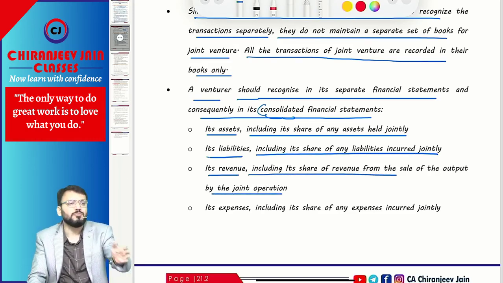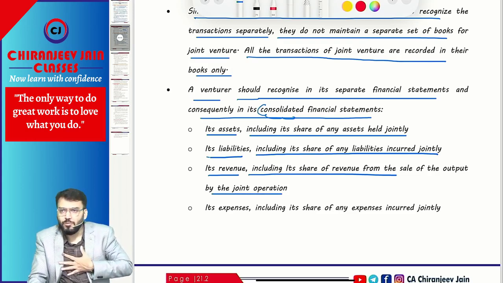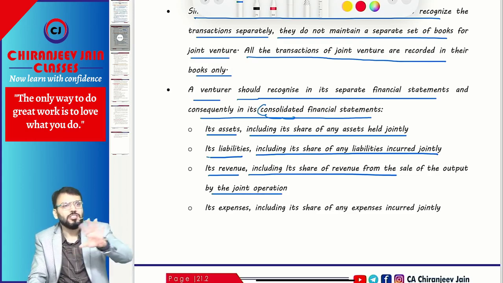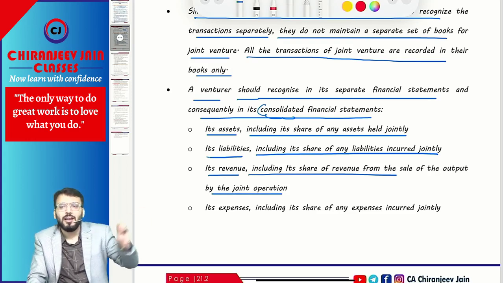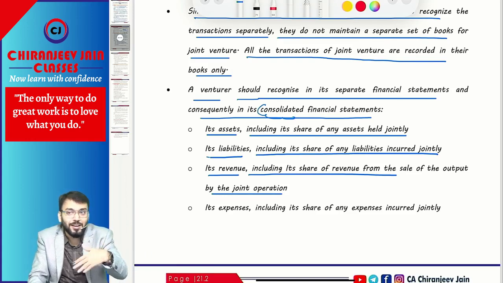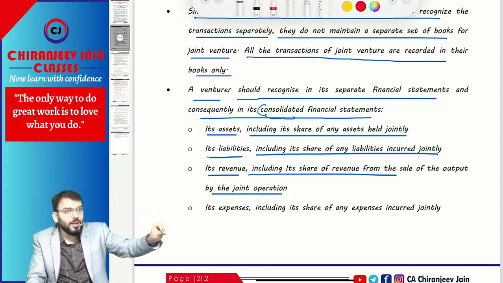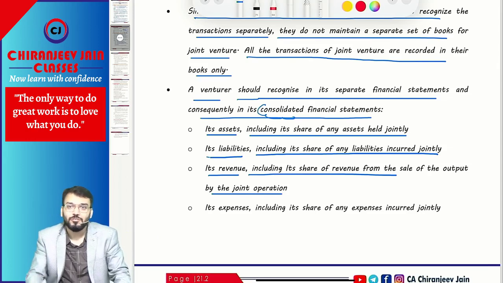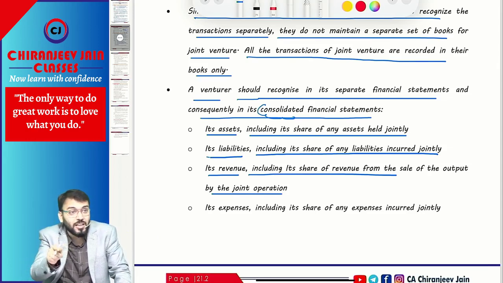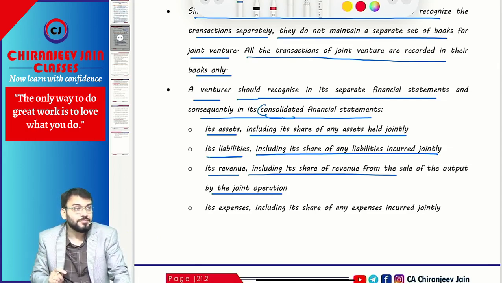Its revenue means, suppose we have decided that accounting fees will belong to me and you teach mathematics, so mathematics fees will belong to you. And suppose we had two teachers for law and economics, so law and economics fees are joint income. We appoint one employee to teach law and economics, so that fee belongs to the joint operation and will be divided between the two.